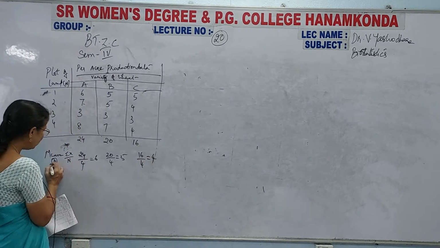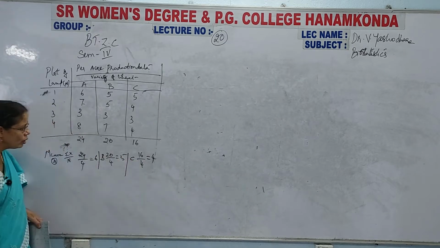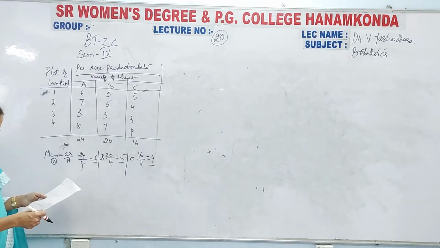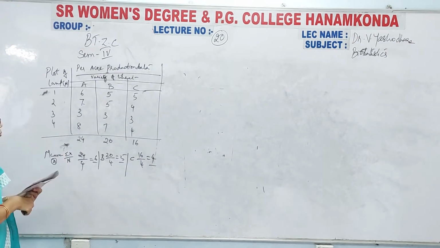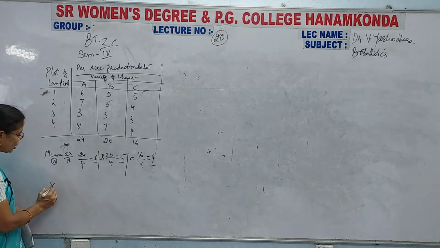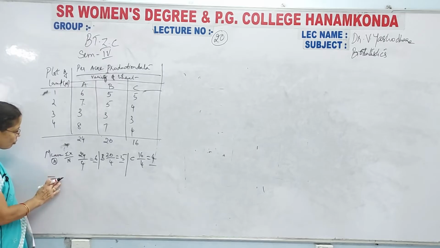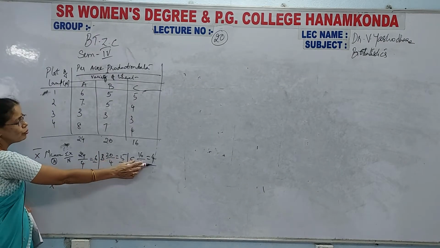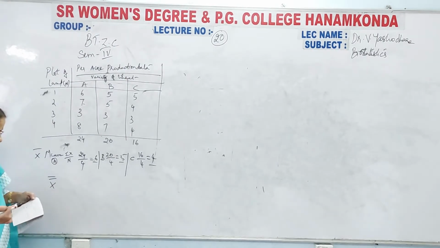Okay? This is A, this is B, this is C. For all these you got the results. Now coming to this, find the mean of sample mean. See here. What is sample mean? What I am doing is keeping x double bar. No need of confusion. That is x bar is equal to 6, 5 and 4. All of you know that. Now x double bar is the mean of sample mean.